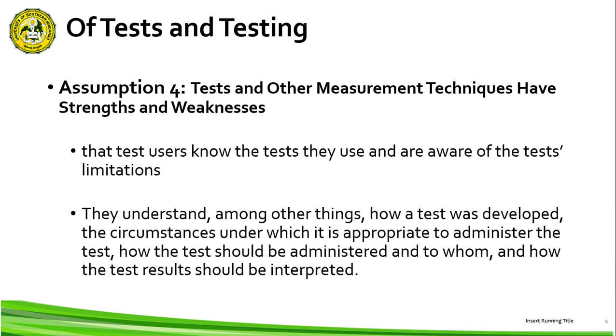Now to move to assumption 4. Tests and other measurement techniques have strengths and weaknesses. Test users know the test they use and are aware of the test limitations. They understand, among other things, how a test was developed, the circumstances under which it is appropriate to administer the test, how the test should be administered, and to whom, and how the result should be interpreted.